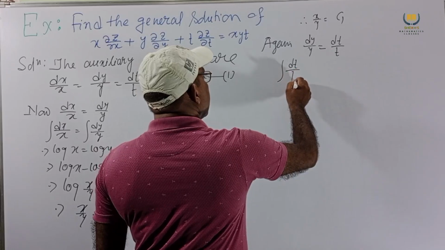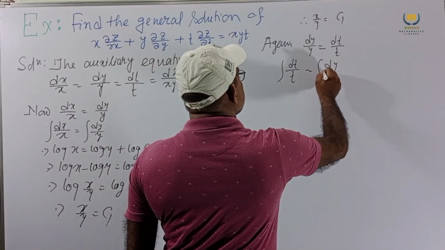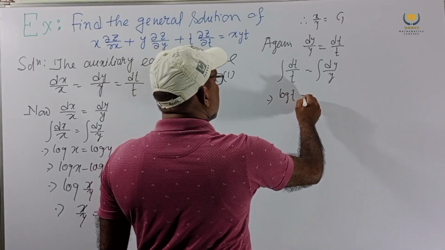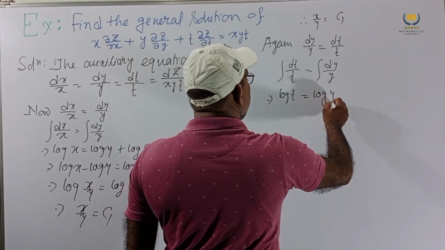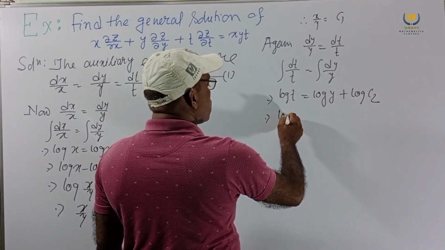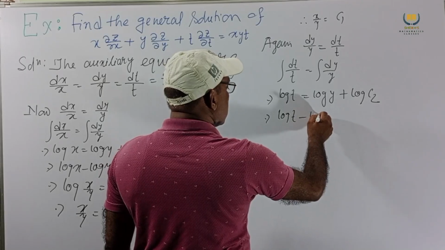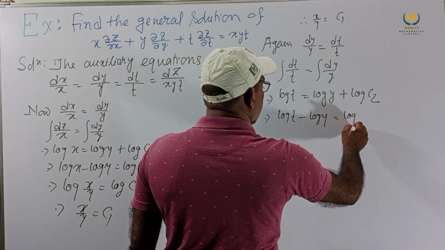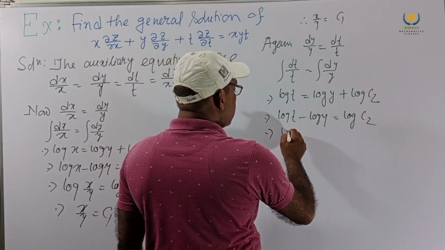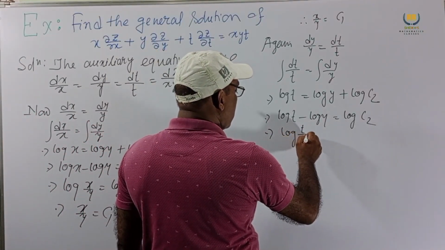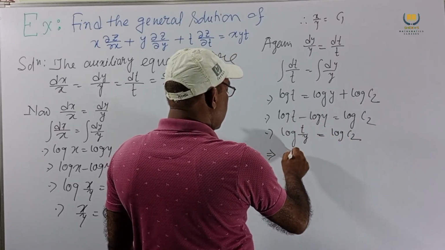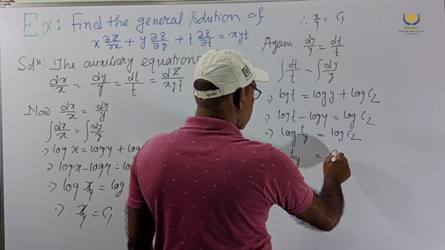This is log t - log y = log c2. In logarithms, minus means division, so log (t/y) = log c2 and t/y = c2.